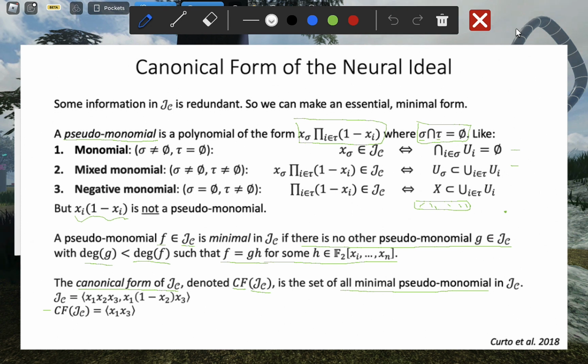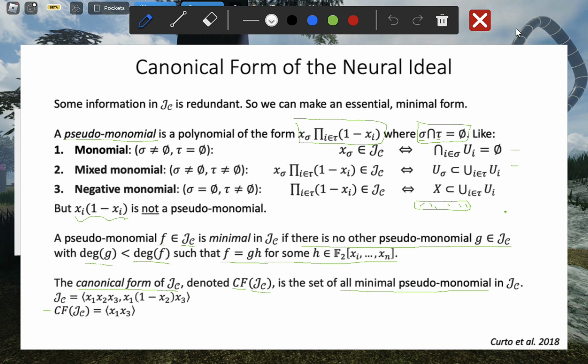Just by looking at these elements, because of the way this is constructed, we can infer something about the relationships of the receptive fields to one another. And you'll notice in this case that it can't be true that these receptive fields are convex because of the following two facts. Firstly, this polynomial exists. And what does that polynomial mean in terms of receptive fields? Remembering that U is a receptive field, an area where a neuron becomes active.